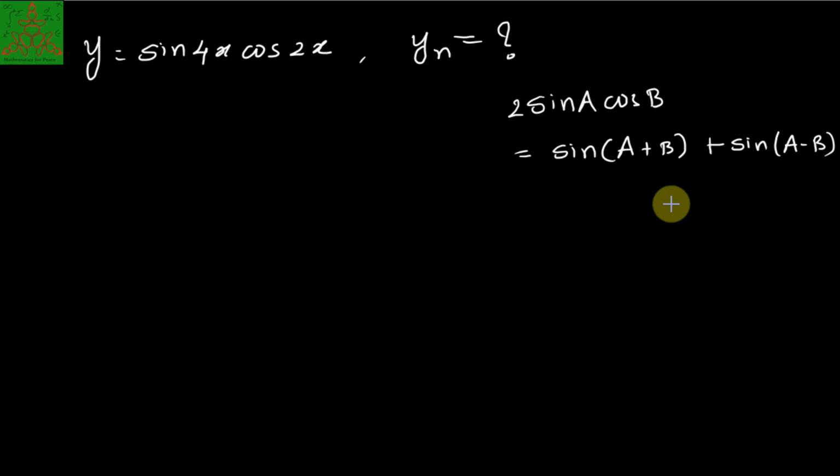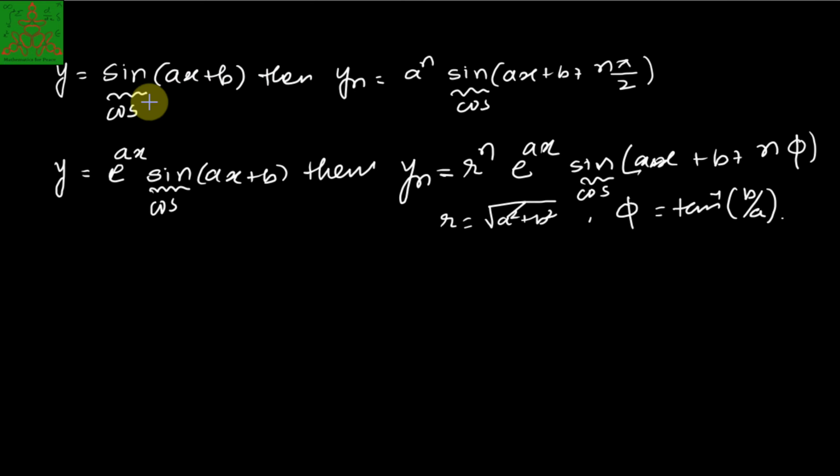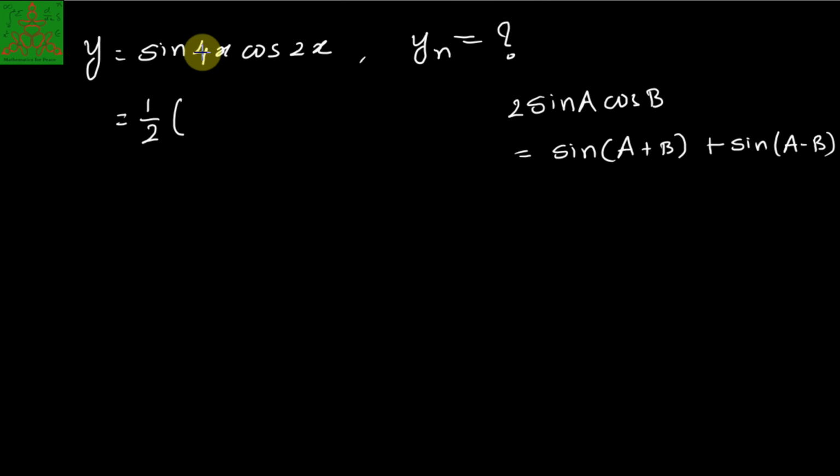We have only the formula for a single trigonometric function and no formula for the product of two trigonometric functions, so we have to separate it in this manner.